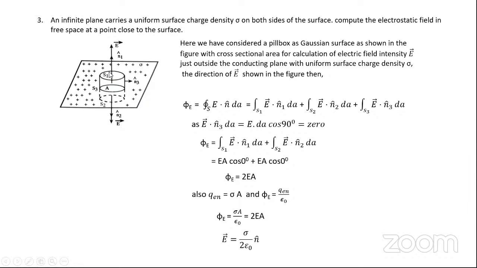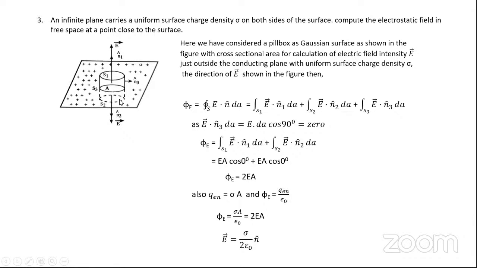S1 is having area A, and S2 is having surface area A. Now, this is a pillbox, so we can apply Gauss law for this pillbox. The total outward flux going out from this pillbox is given by phi is equal to closed surface integral of E dot n dA.